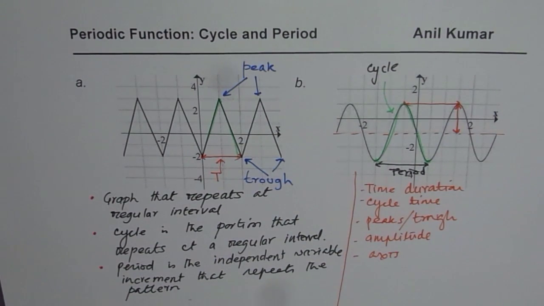But I hope from here you understand that whenever we talk about cycle, it is the variation in y values, and when we talk about the period, it is the variation in the horizontal values, right? The independent variable variations relate to period, and dependent variable is what relates to the pattern of a cycle, right? So I hope this point is clear. Let's move forward and get into some more equations for our functions when they are sinusoidal. Thank you and all the best.